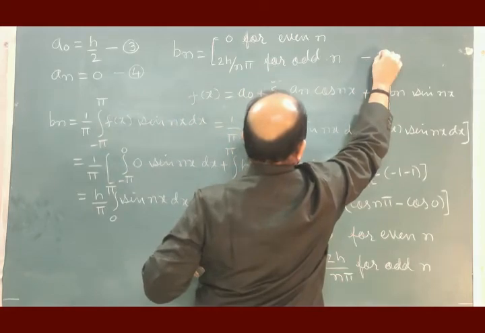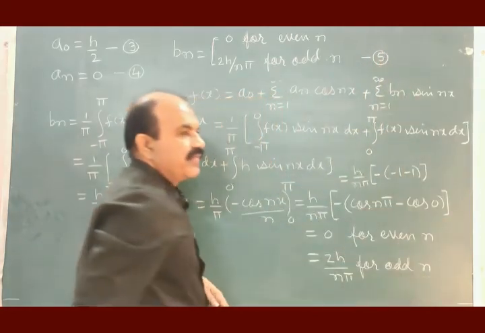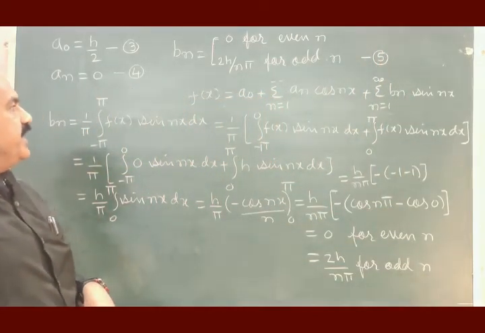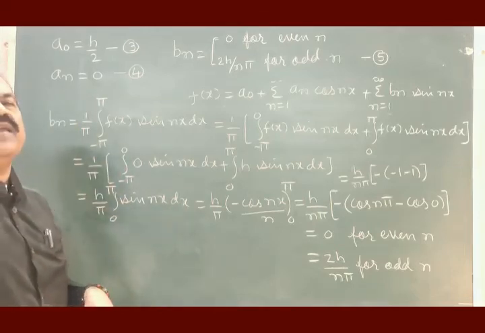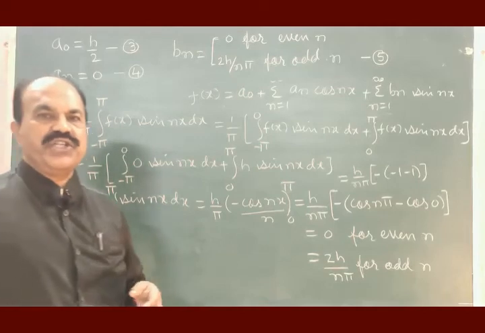Equation number 5. So, this way we have evaluated coefficients A0, An, Bn given by equations 3, 4 and 5.